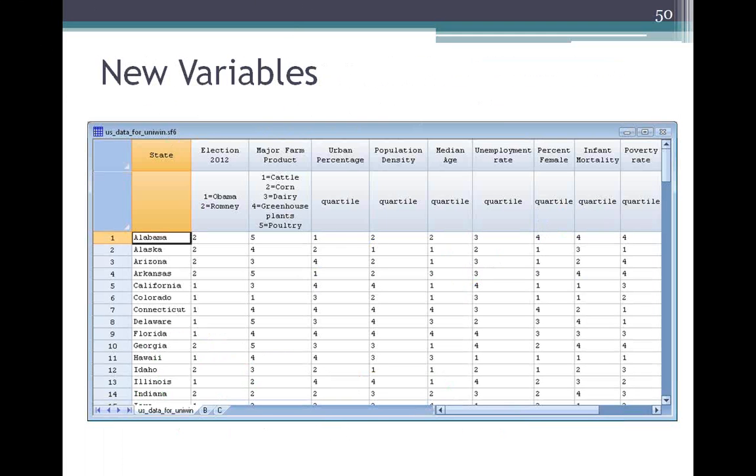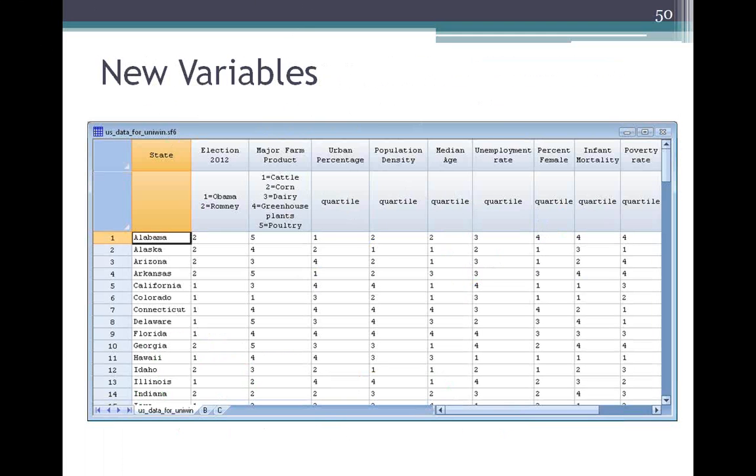For the other variables, for urban percentage, population density, median age, and so forth, to make them qualitative, I changed them from numeric values into quartiles. Now, what do I mean?